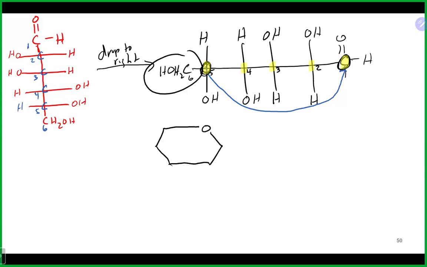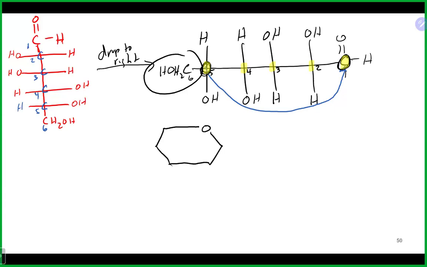Everything between the two fingers you pinch on that rubber band, if you pulled it together, is what's going to end up in that ring. That's the idea here. When those two carbons come together and pinch together, anything between those two carbons will end up in the ring. Anything outside of those two carbons will be attached to it, but not part of the ring. Yeah, are there questions?